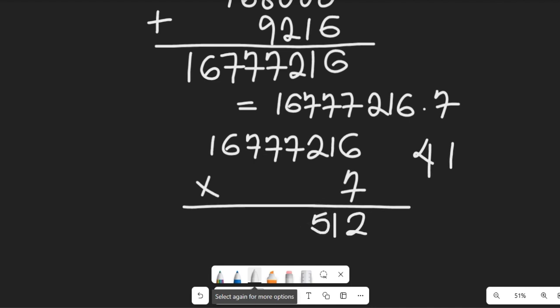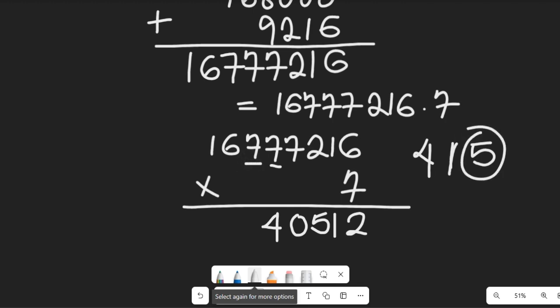So we write a 5 and still carry over 1. 7 times 7 is 49. 49 plus 1 is going to give us what? 50. We write a 0 and carry over 5. 7 times 7 is 49. 49 plus 5 is going to give us 54. So we write a 4 and carry 5, right?